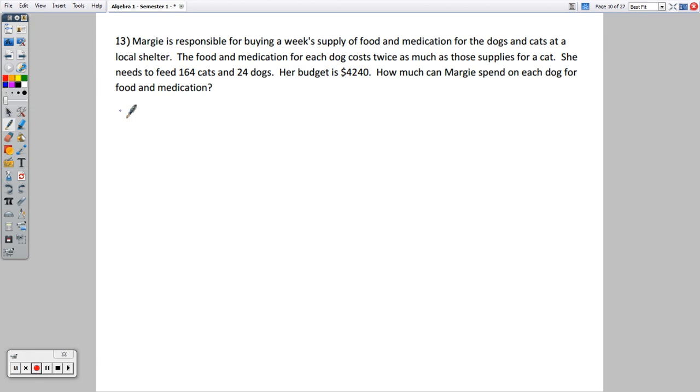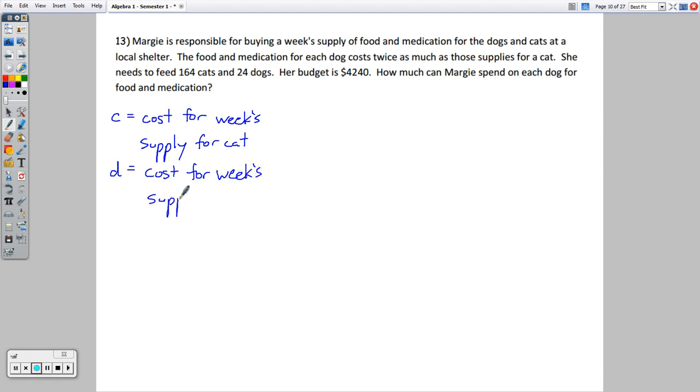It looks like that'll be a good thing to do. So let's say C is going to be the cost for a week's supply for a cat, and D will be the cost for a week's supply, the food and the medication, for a dog.